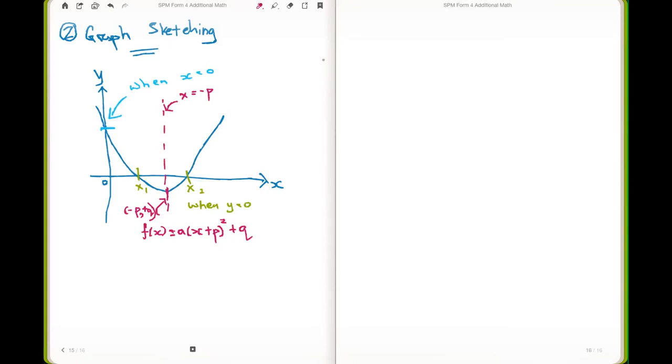Let me have the same given equation, or function, equals to x squared minus 3x plus 2.